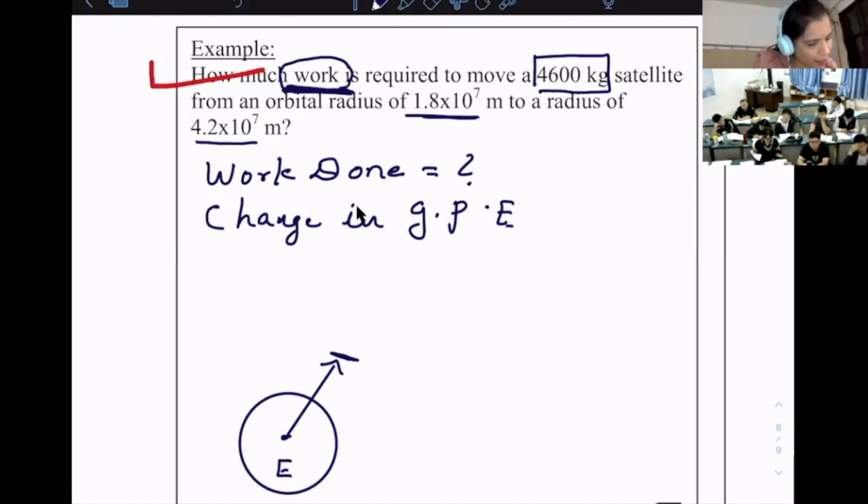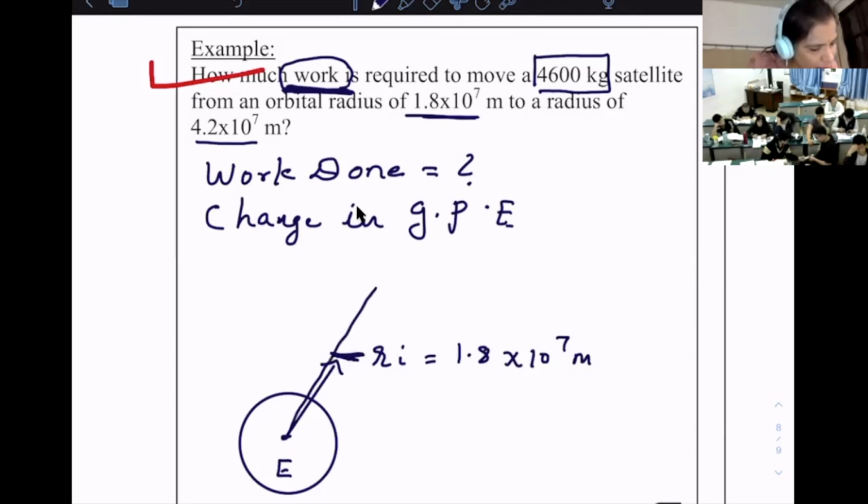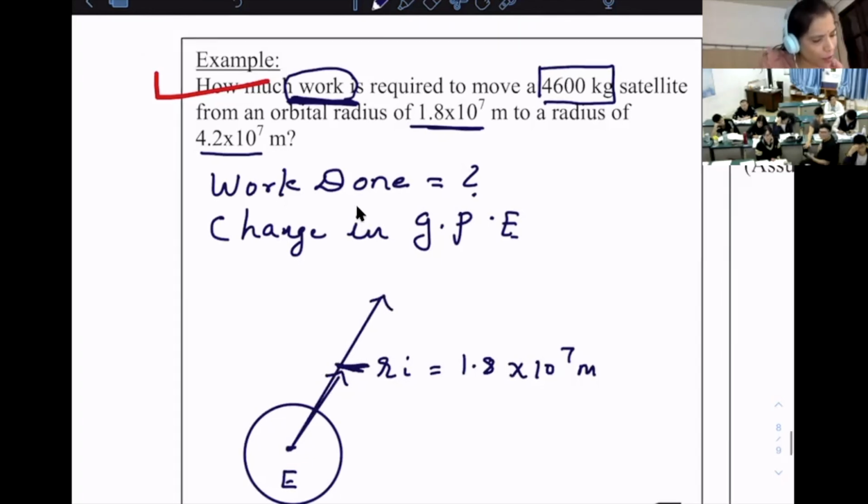Here the radius, you can write Ri, is 1.8 times 10 to the power of 7 meters. You want to raise this satellite to a new radius, which is 4.2 times 10 to the power of 7 meters. So this is the final Rf.